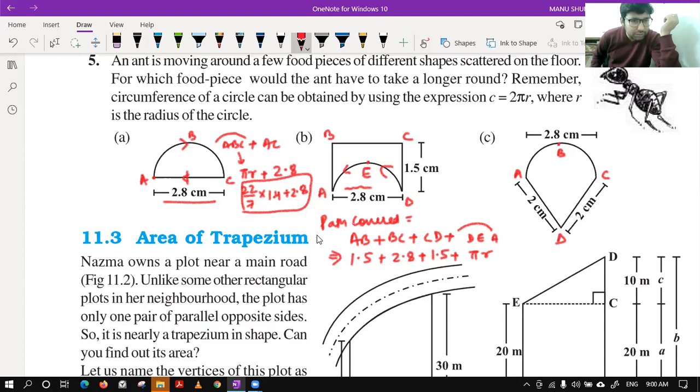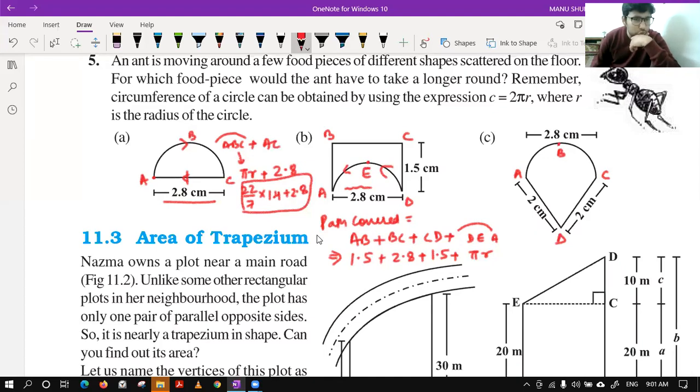Harshul, now it would be easy to solve. Please confirm. 3 into 15 by 10 plus, okay, why 3 into 15 by 10? Ananya, why 3? Have you added?